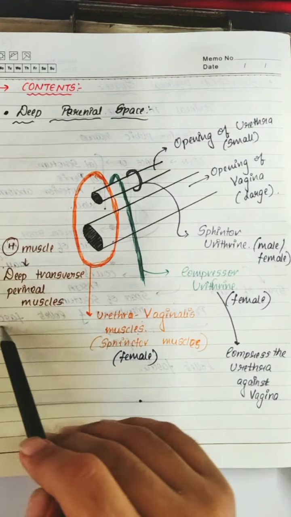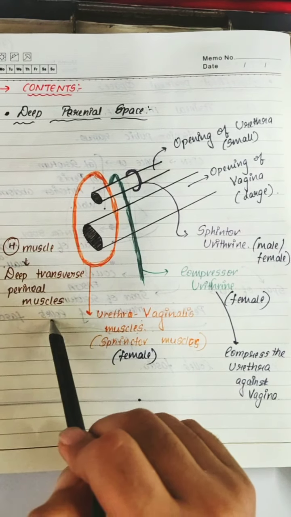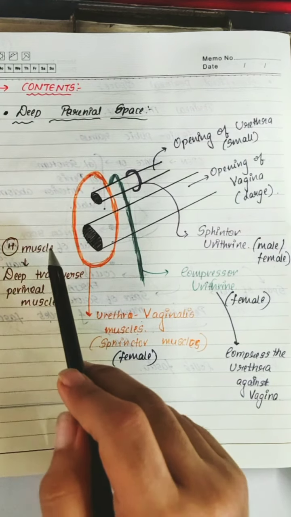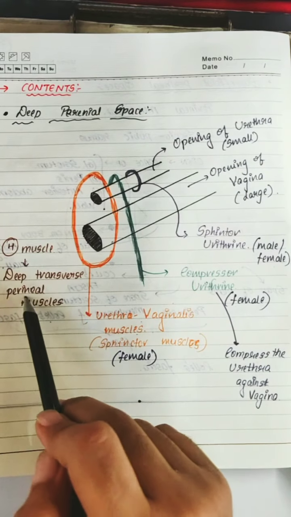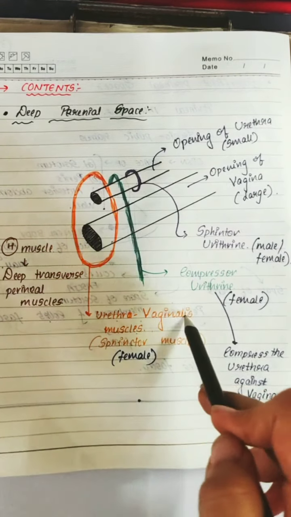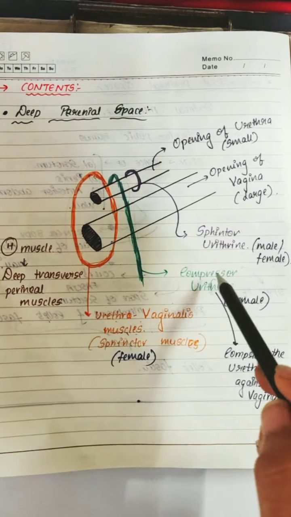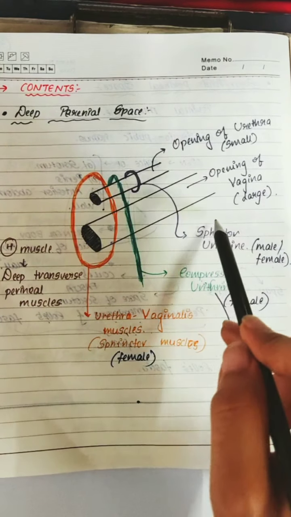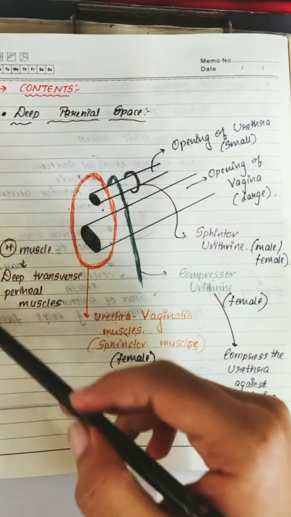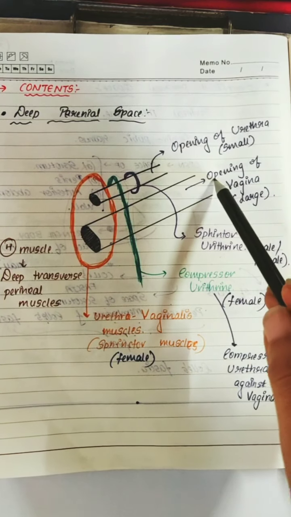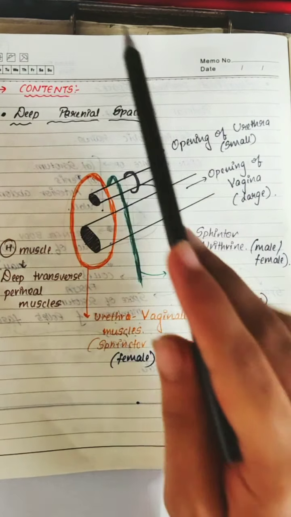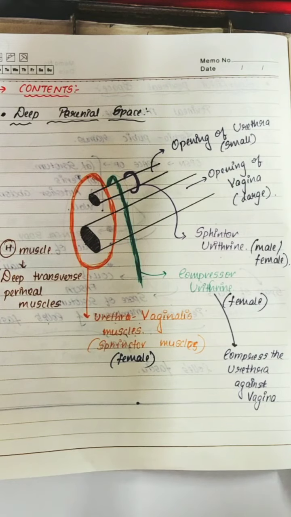Okay, so there are 4 important muscles, which are the deep transverse perineal muscles, urethrovaginalis muscle, compressor urethrae as well as the sphincter urethrae. So these are the 4 important contents or the muscles present in the deep perineal space.